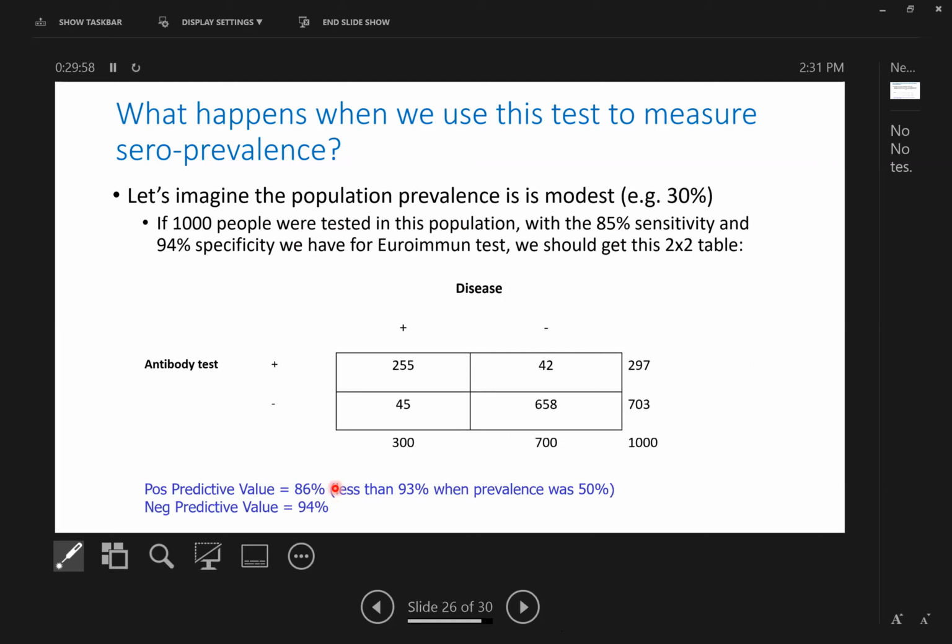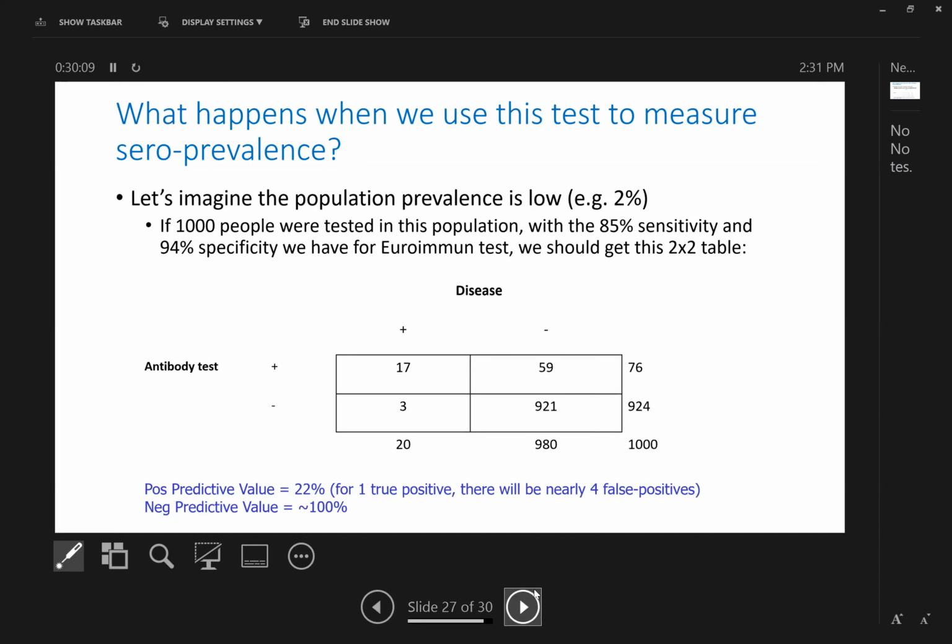In other words, 86% of people who are antibody positive will truly have COVID in this community with that baseline prevalence of 30%. Now I do it in a very low prevalence population, like Santa Clara County. Remember, they said 1.5% of people had antibodies.